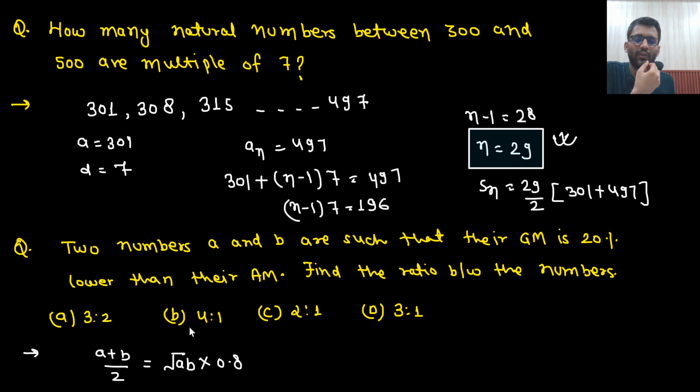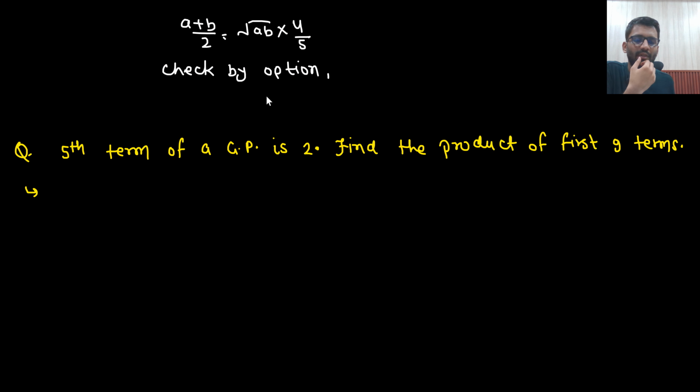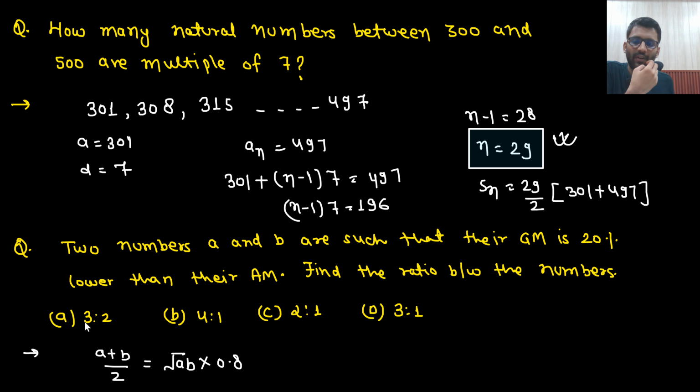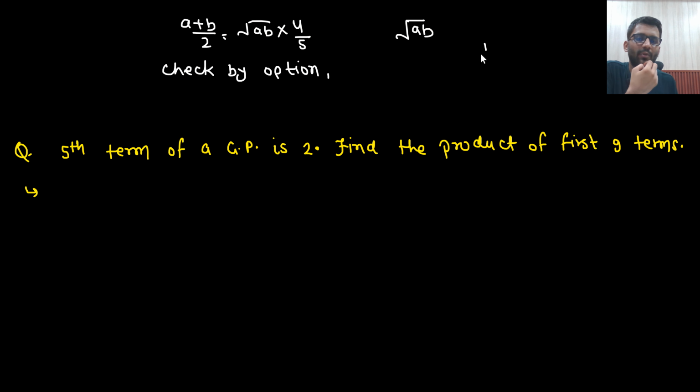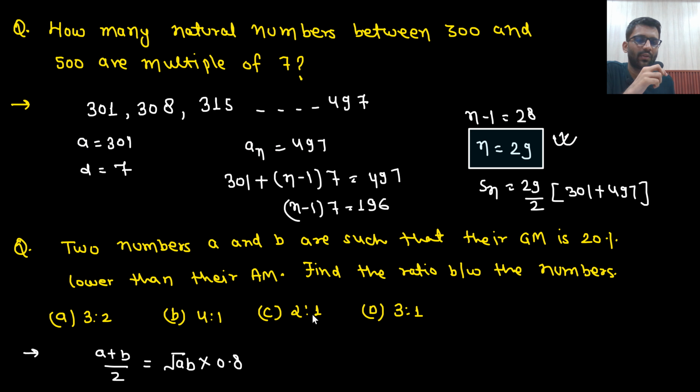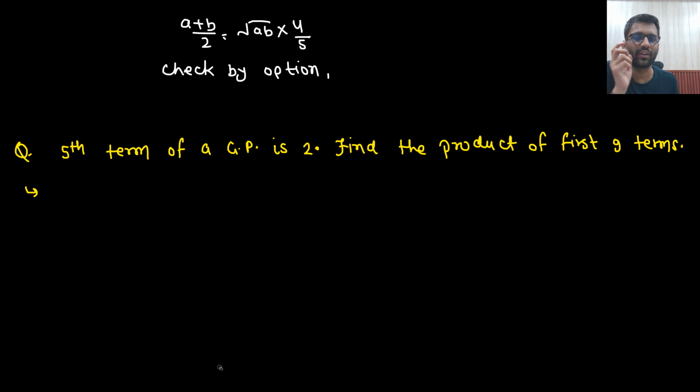I will first go with 4:1. Why so? Because here there is root AB. If I go with 3:2, then it will become root 6. Root 6 is not a perfect square number. 2 into 1, 2, not perfect square. 3 into 1, 3, not perfect square. 4 into 1, 4, 4 is a perfect square. So first I will check with 4:1.